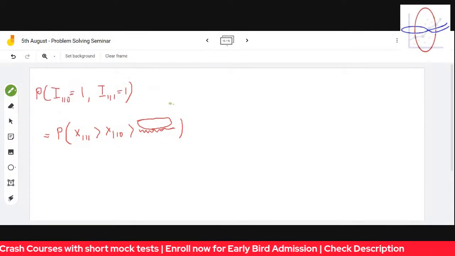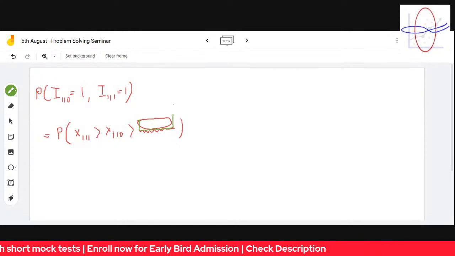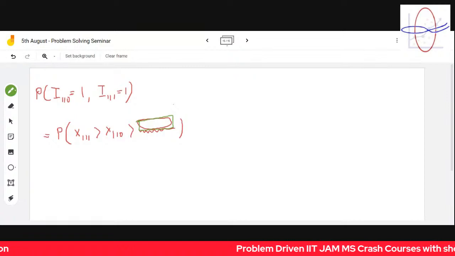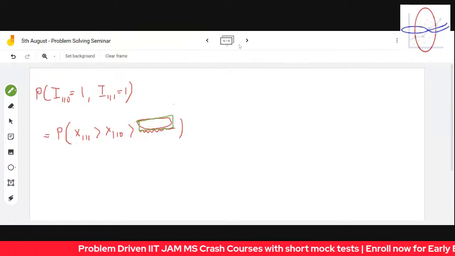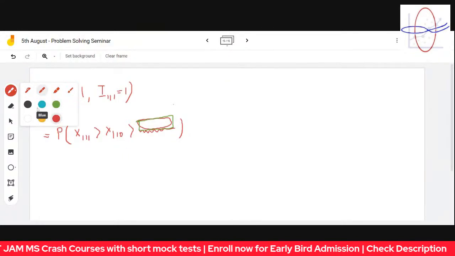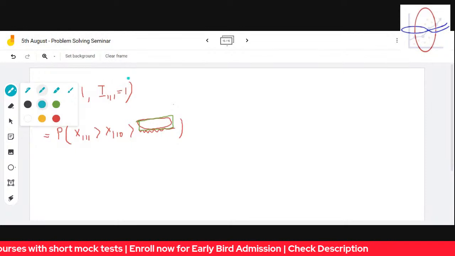Okay, guys, this is the basic probability you need to find out. Now what do you do? So we have to find out this probability. How do we do it?